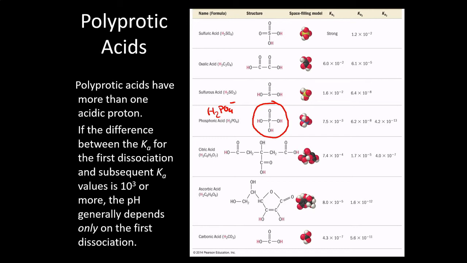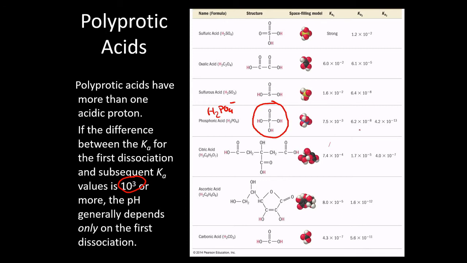And so with these, we're going to have a rule of thumb that if two Ka values are at least 10 to the third different, so 3 orders of magnitude difference from one to the other, then we can ignore the weaker deprotonations.